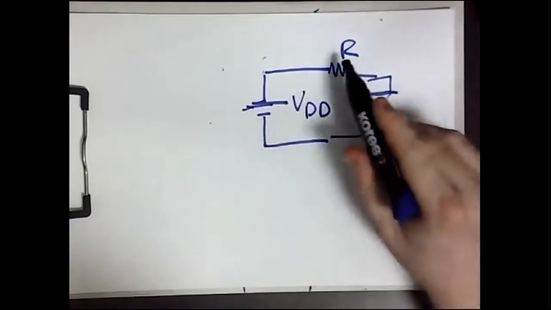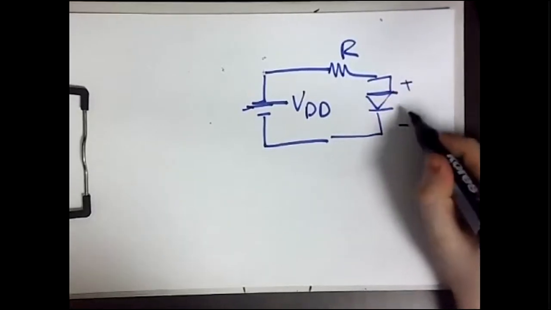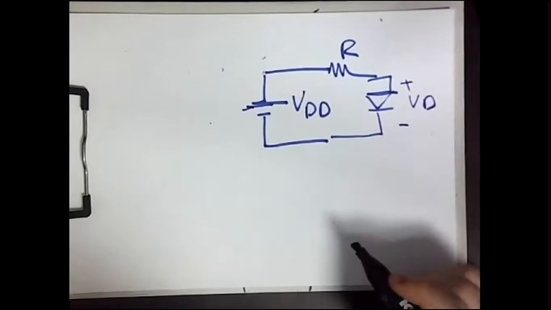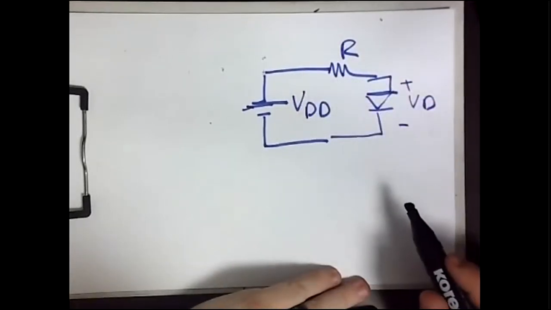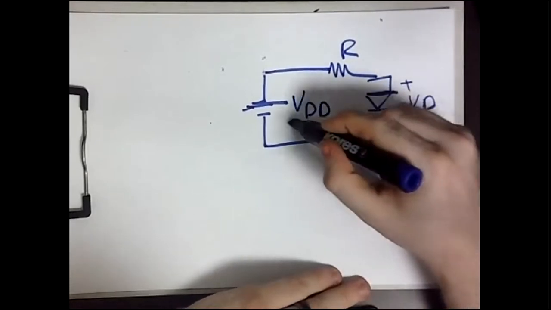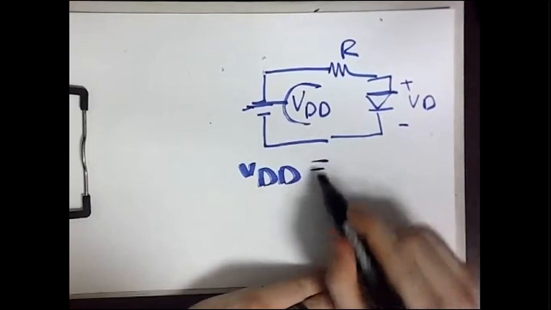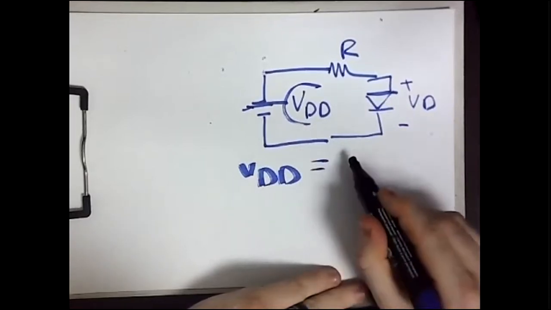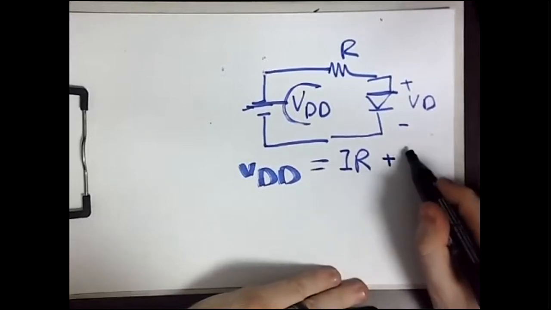So this is VDD, this is R, and this is the voltage applied to the diode. As usual, I will call it VD. By making a very simple KVL analysis, you can say that VDD equals I times R plus VD.